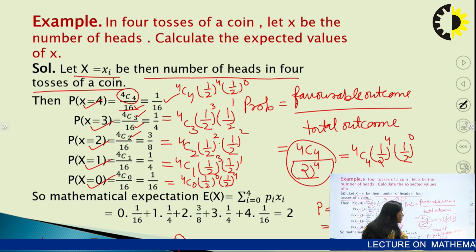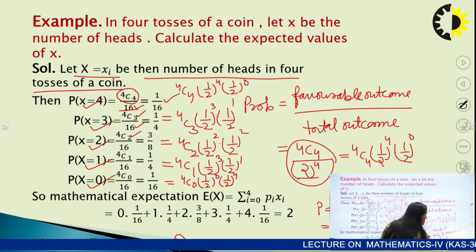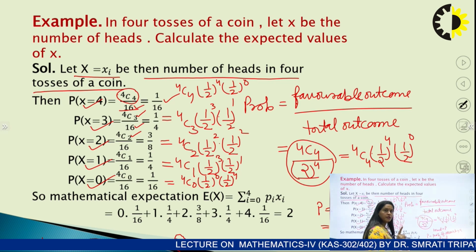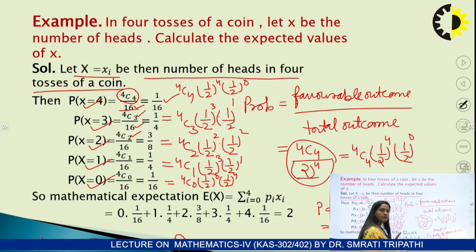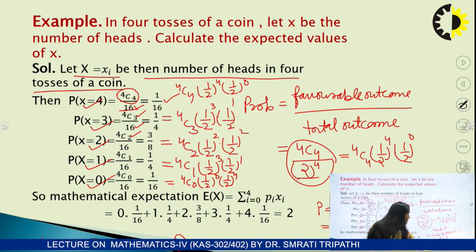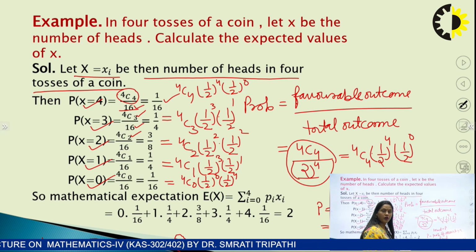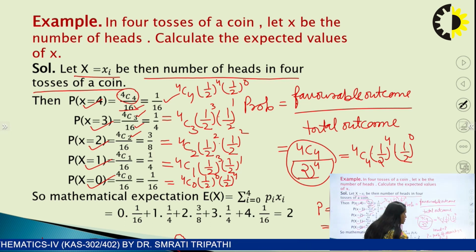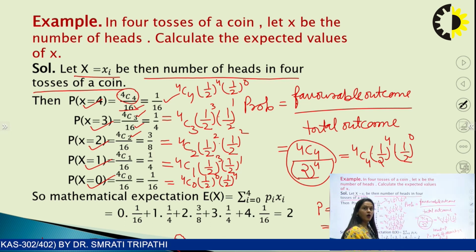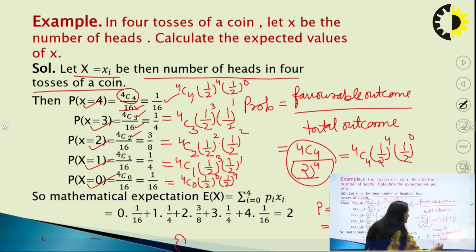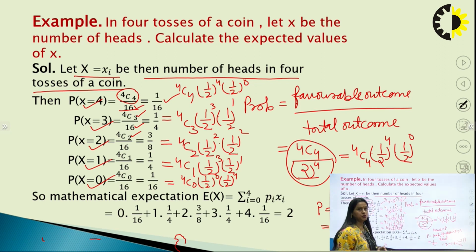So what is the favorable outcome? Out of the two, head and tail, the favorable is head only. So the number of favorable outcomes can be only one, and the total number of outcomes can be 2. So the probability of getting a head will be 1 by 2, and we always know that Q is 1 minus P, hence Q will be 1 by 2.